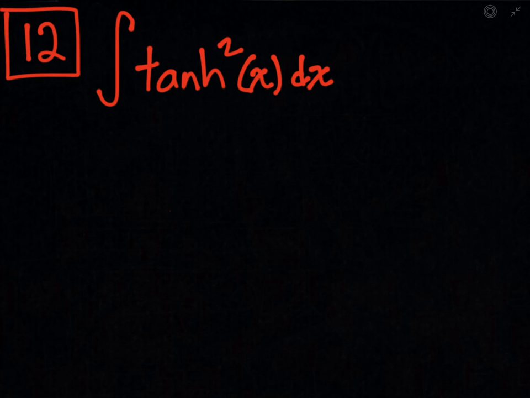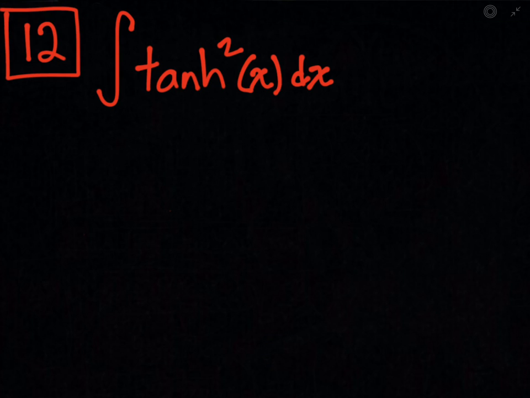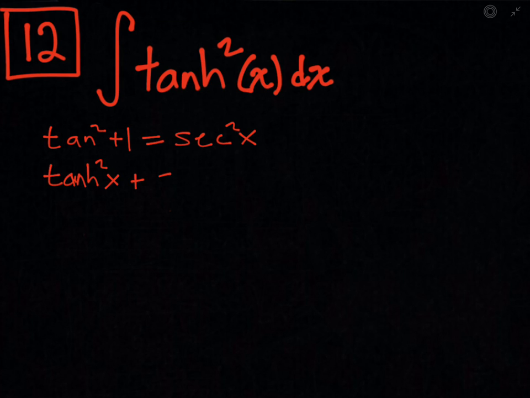We know tangent squared plus 1 is equal to secant squared x. So if we look up our hyperbolic trig identities, we'll notice that hyperbolic tangent squared x plus hyperbolic secant squared x is equal to 1.